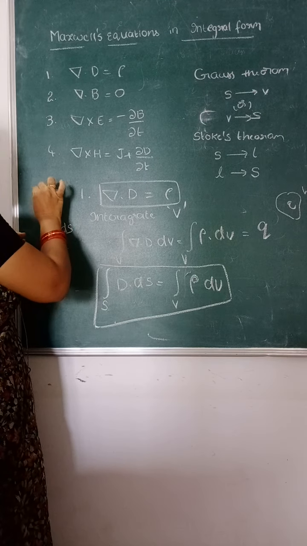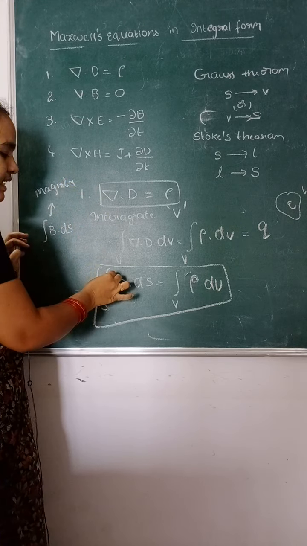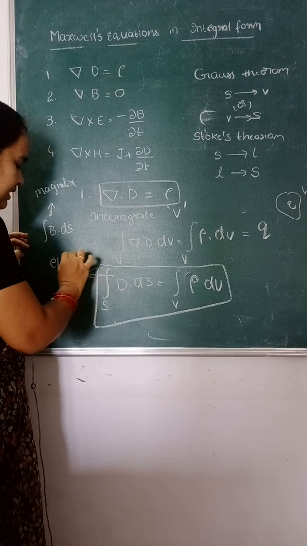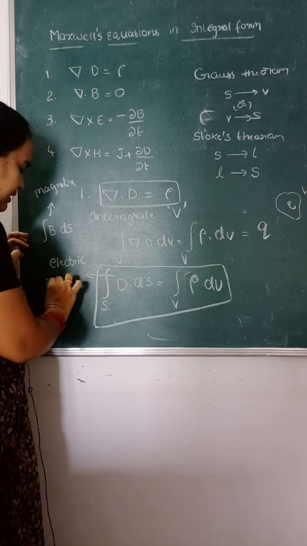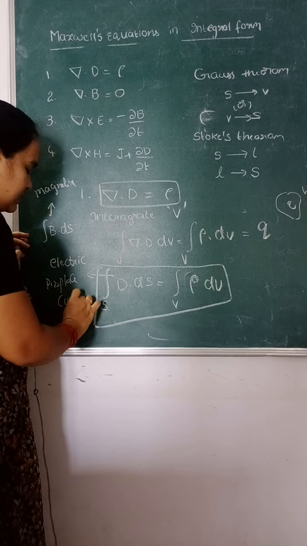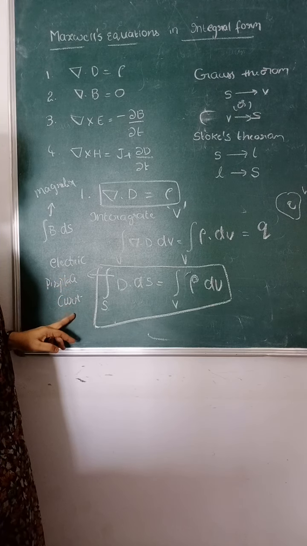So we will call B dot dS a magnetic flux here. Since this D is the electric displacement current, this term is called the flux of the electric displacement current.